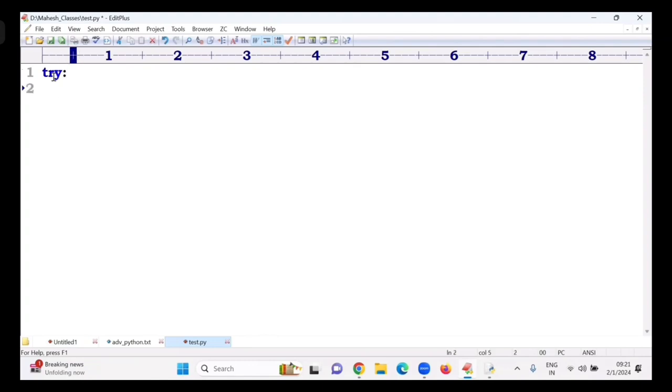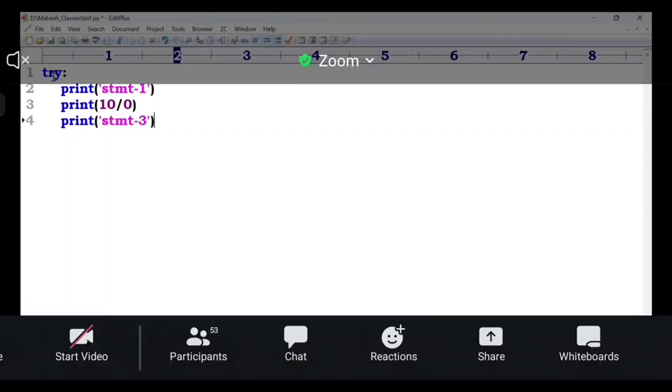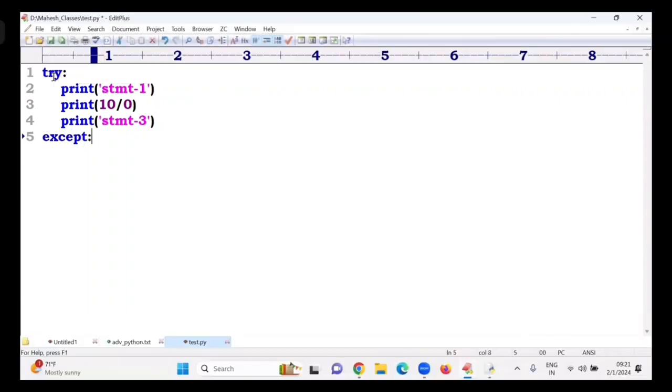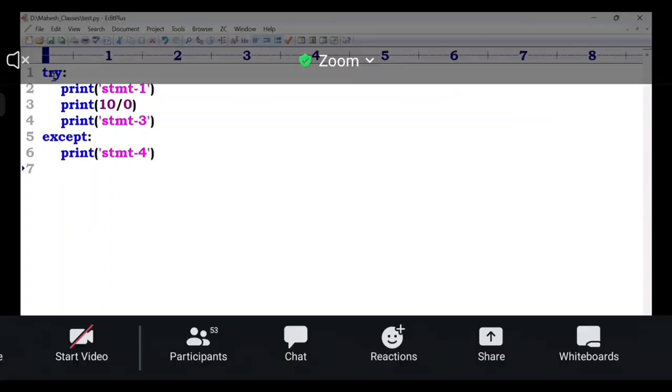Try block: print statement 1, print 10/0, print statement 3, print statement 4.